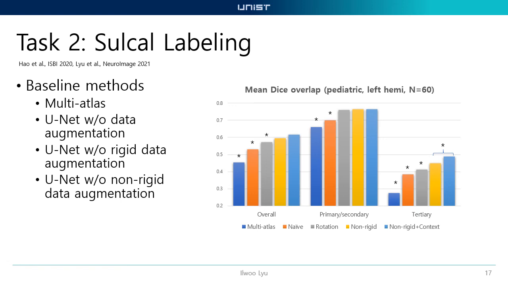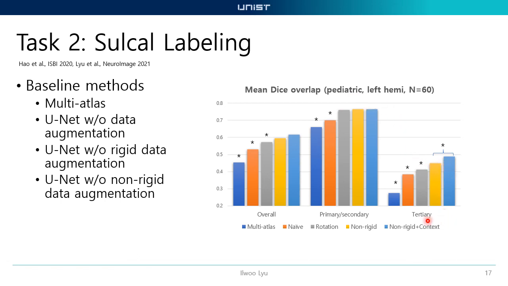If you look at this bar graph, our final method is blue here. It is significantly better than the other 3 approaches, like multi-atlas and U-Net without data augmentation, or the rigid data augmentation, in the overall performance. But if you look at the primary or secondary sulcal labeling, our method is somewhat similar to the rigid data augmentation, so we didn't see any significant difference.